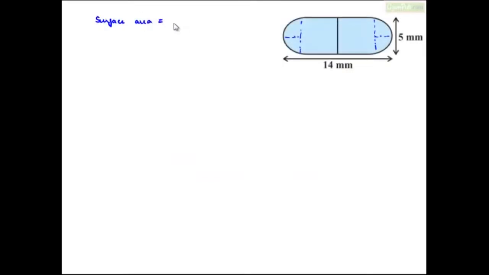Therefore now we get total surface area is equal to 2 times S1, that is 2 times the surface area of hemisphere, plus S2, that is surface area of cylinder, which is equal to 2 times S1 is 12.5 times pi plus S2 here is 45 pi, that is equal to 2 times 12.5 is 25 pi plus 45 pi, which is equal to 25 plus 45 is 70 pi, that is equal to 70 times pi value is 22 by 7.